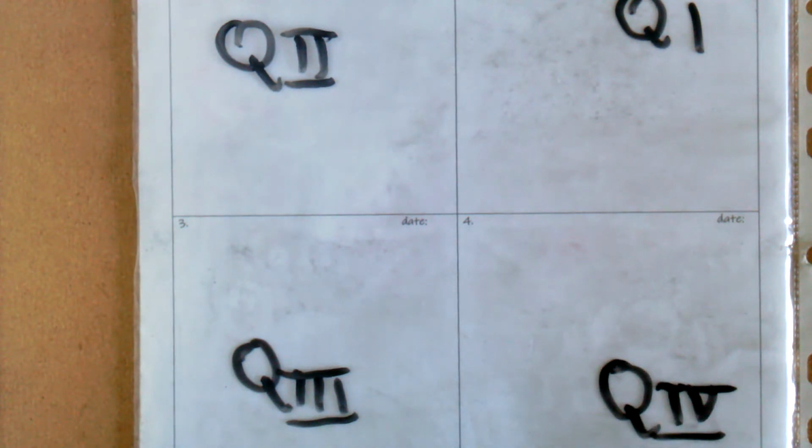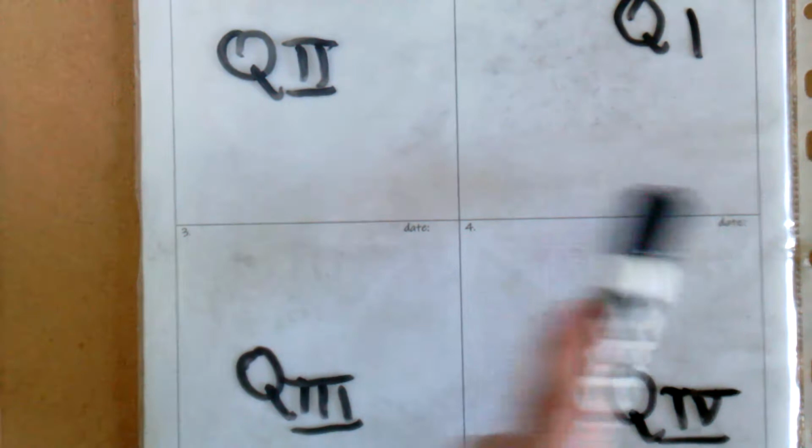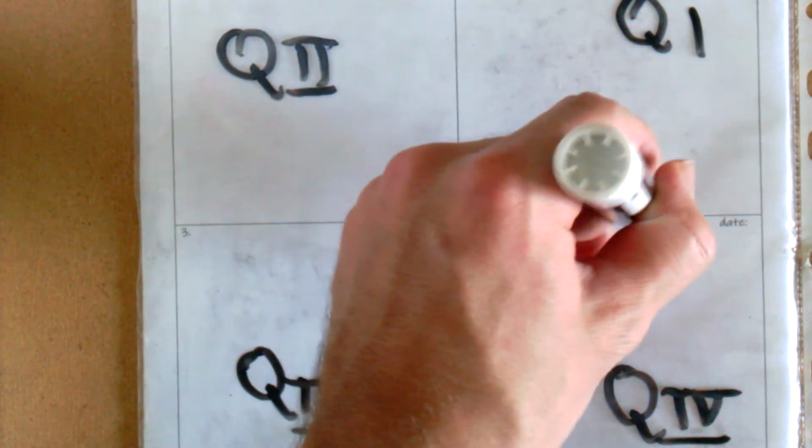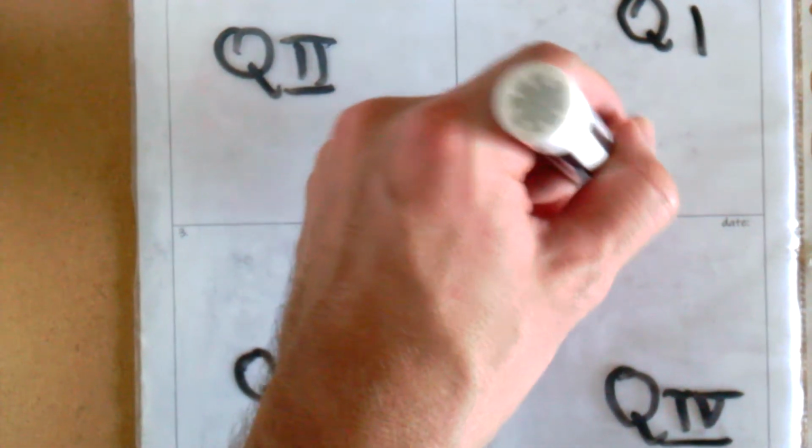Now remember, on the coordinate plane, as we go left and right, our left and right directions refer to the x-axis, or our x-coordinates. And as we go up and down, our up and down directions refer to our y-coordinates, or our y-axis. And as we go to the right, our x-coordinates are positive.